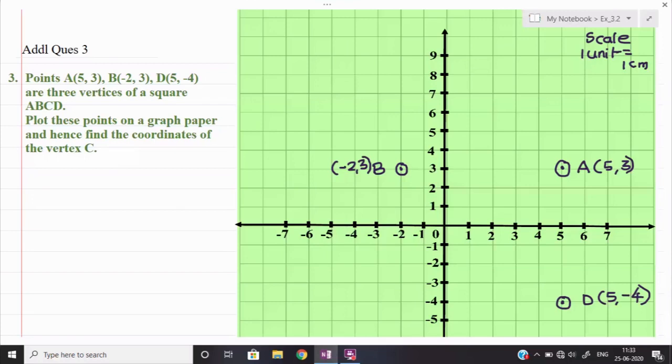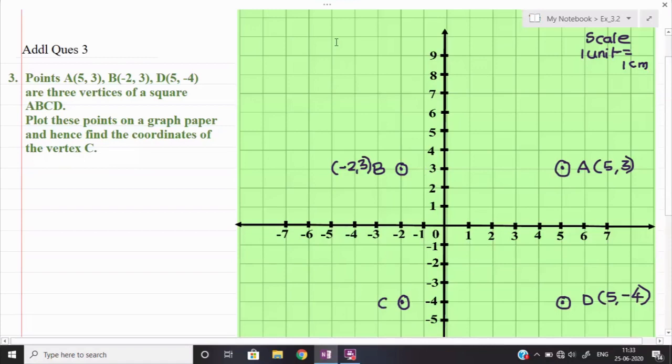Second thing, the point C will lie exactly below point B and in front of the point D. So observe, if I go down from point B, because C will lie exactly below it, and I keep going till I come in front of D, this point I mark will definitely be just below B and in front of D. So this is the C point they were asking for. Now if you join all the 4 points, definitely you will form the square.